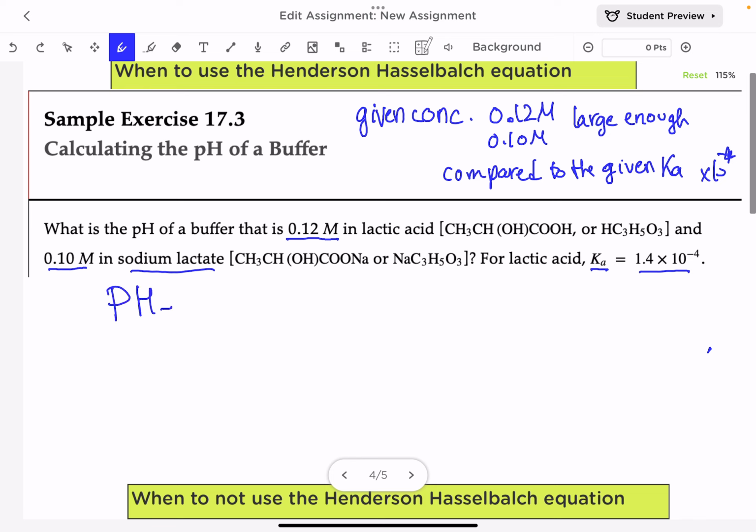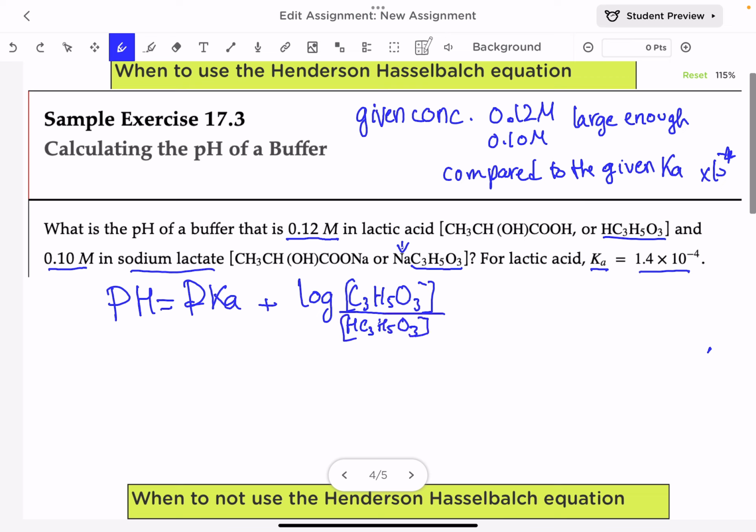So therefore, pH equals pKa plus log of the base, which is C3H5O3 minus. It's this part because Na plus is pH neutral, so it's not a base, over the acid, which is in this case HC3H5O3.